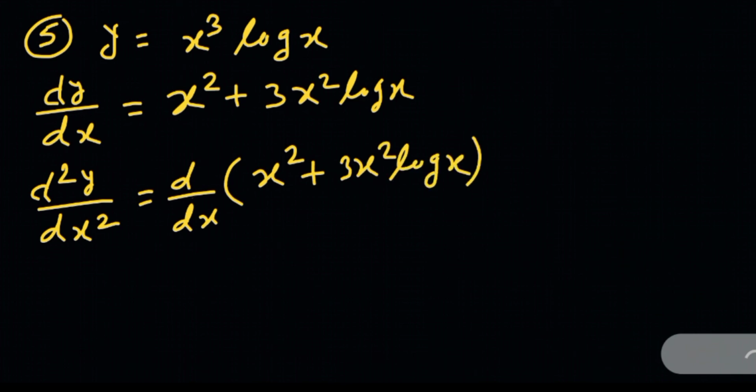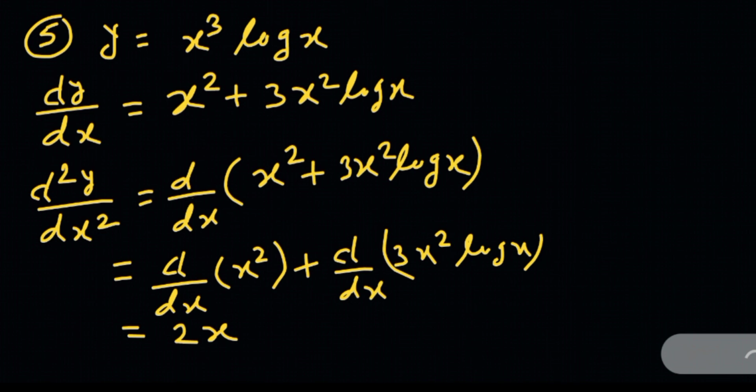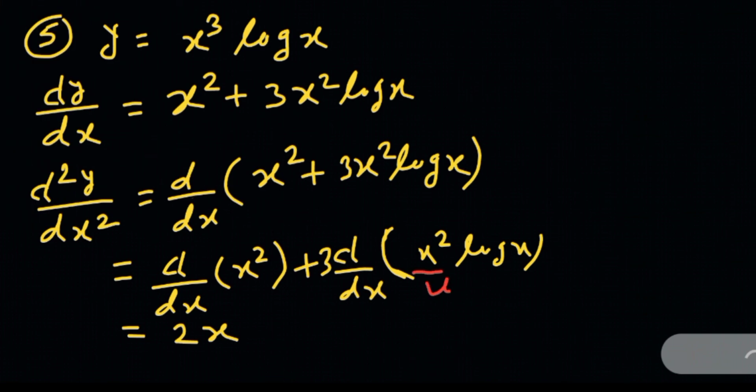Okay, so you can separate the terms, the derivative of x square plus the derivative of 3x square log x. First one is very simple. The derivative of x square will be 2x, correct, and here 3 is constant, so 3 you can take outside of the bracket, and the remaining is nothing but the u into v formula, again u into v.